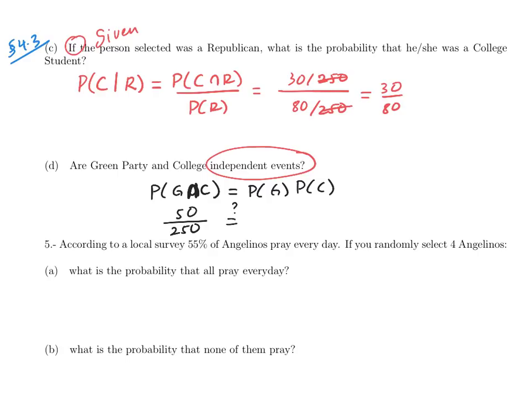And the question is, does this equal 90 over 250 times 100 over 250? In this case, you can check that they are not the same, but you have to check. Remember, the previous problem, it was independent, even though it didn't look like it. So here, since these two don't equal each other, that implies they are not independent. And that's it.